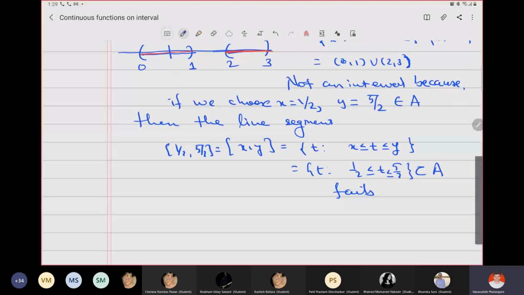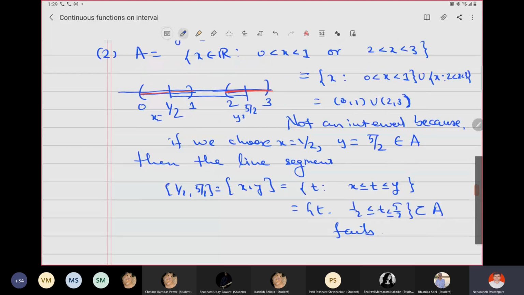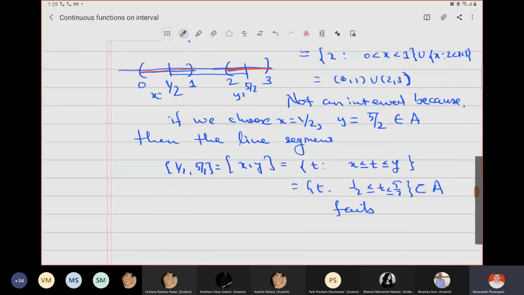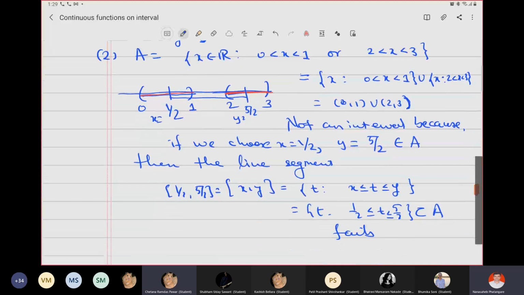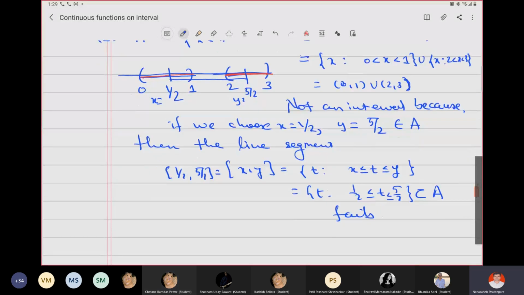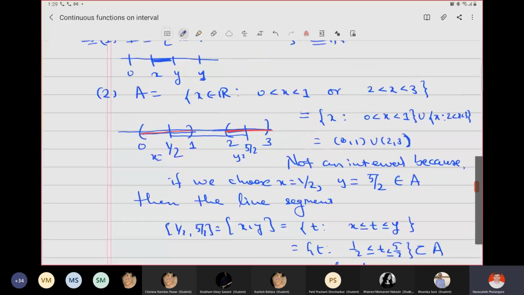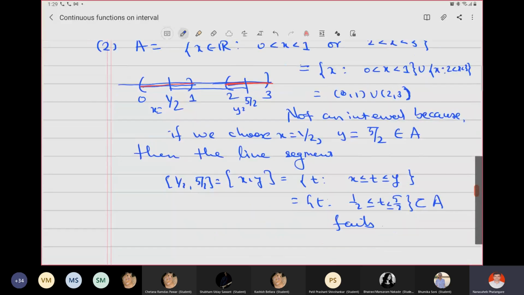So if I join half and 5 by 2, then that line segment is not entirely inside A. Therefore, this set is not an interval. Do you agree? What I am saying, is it clear? Yes, sir. Fine. So the definition of interval is clear: a set is an interval if you choose any 2 points in that set and join them by a line segment, that entire line segment should lie inside that set. That is a simple definition.